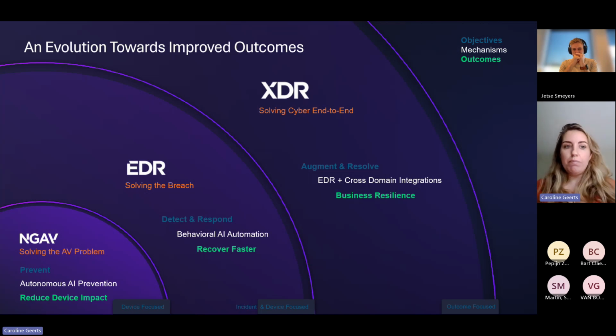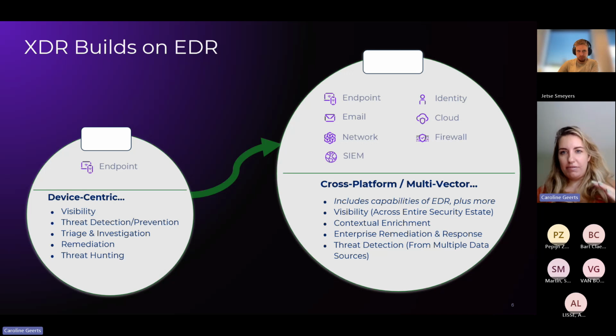EDR, or endpoint detection and response, was actually the first pioneering technology from SentinelOne, where they did lots of behavioral AI automation and made it really easy to detect. Then they expanded into XDR. But XDR is not something different; it's actually based on EDR.